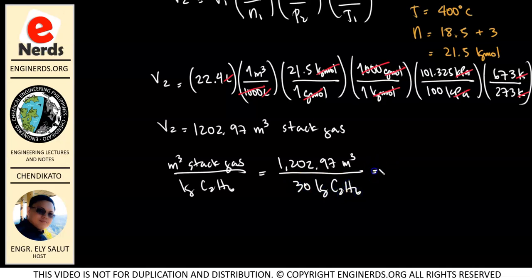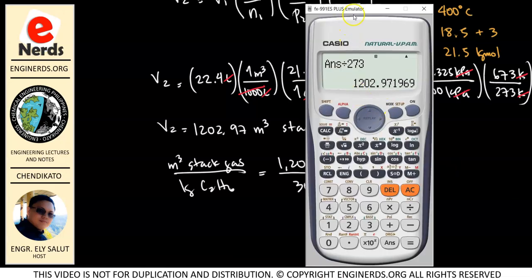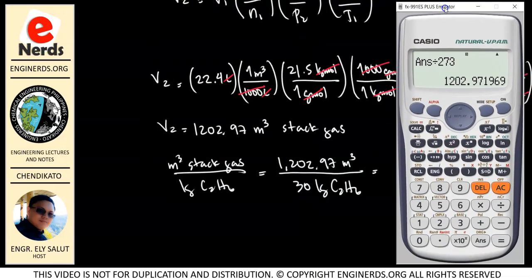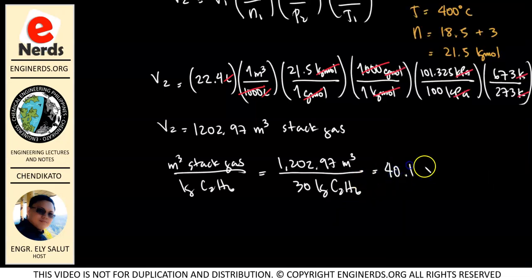We already know that, so we just need to calculate this now. Okay, so 1202.97 divided by 30, so we have 40.09, or let's say 40.1. So we have 40.1 cubic meter of stock gas per kilogram of C2H6. So this is our final answer here.